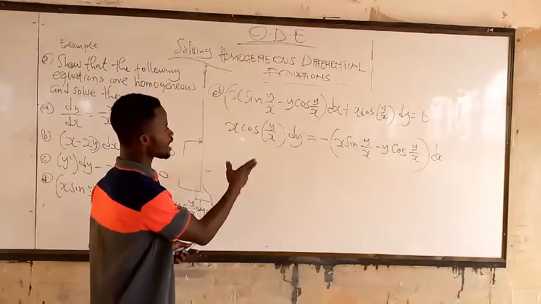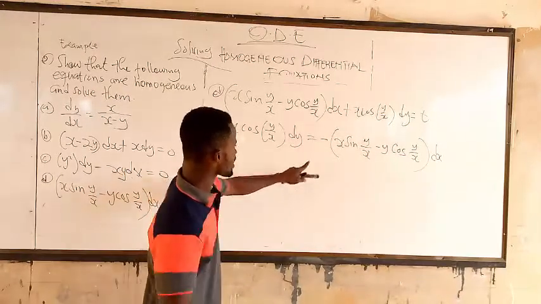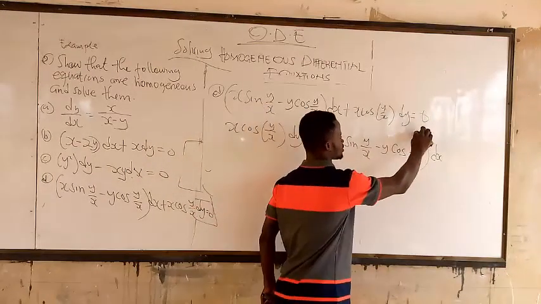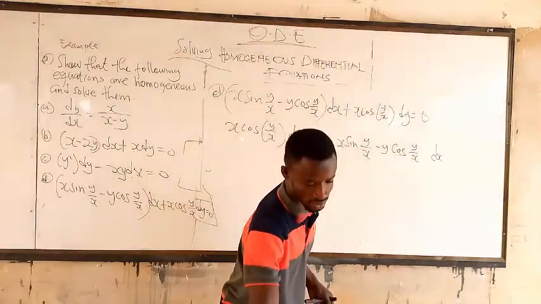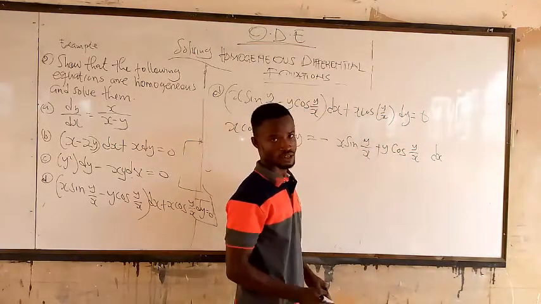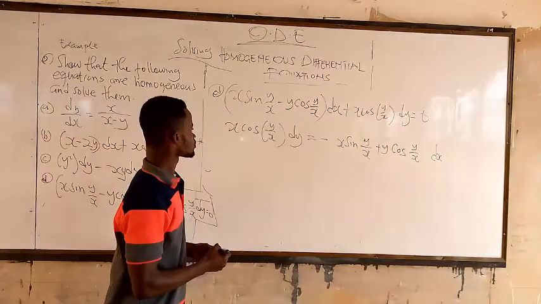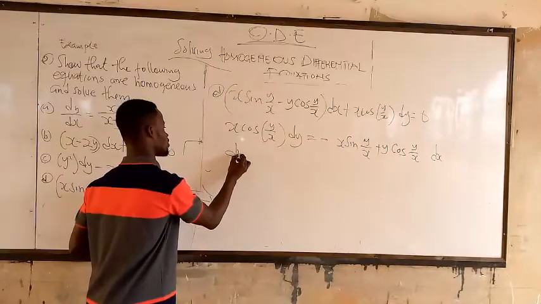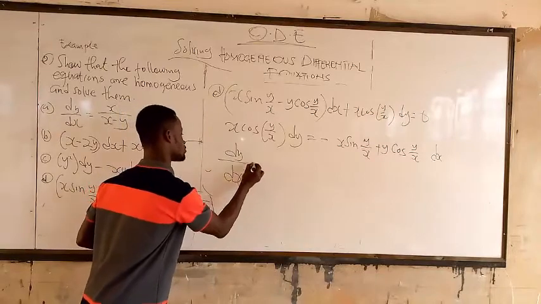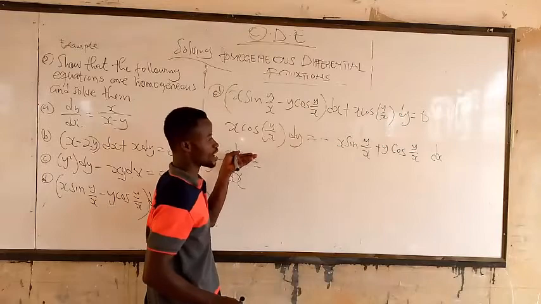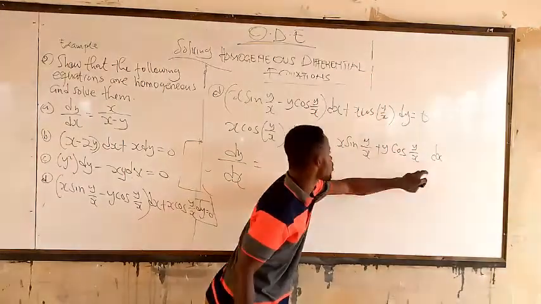Okay. So here we can let this negative affect the inside. So when you remove these brackets, we are going to get here to be plus. Hope you can see that. And to get dy dx, you know that we have divided both sides by what? dx. So this will go.